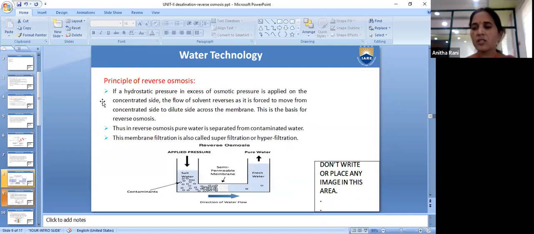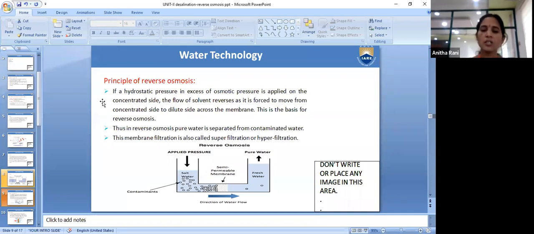Now what we are discussing is reverse osmosis. Osmosis means the flow of solvent takes place from lower concentration to higher concentrated solution. But here we are following the process in a reverse, opposite way. The flow of solvent takes place from higher concentrated solution to lower concentrated solution.